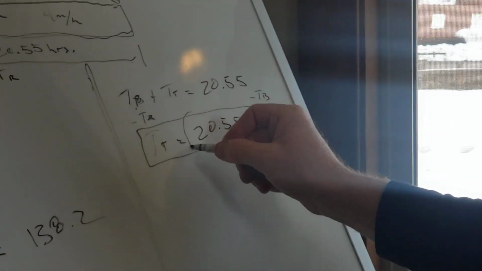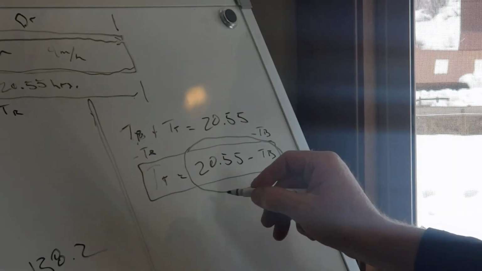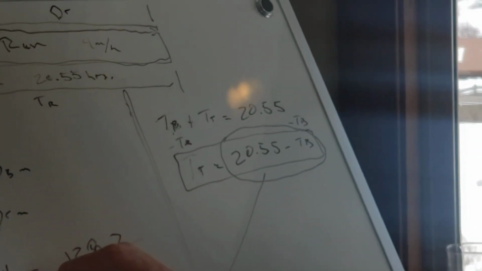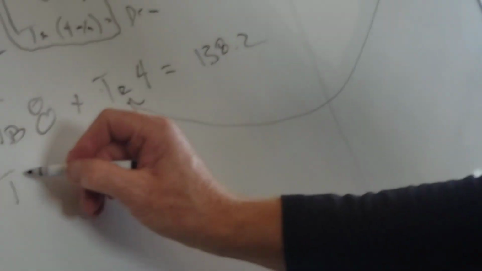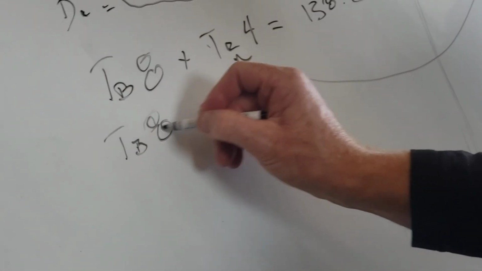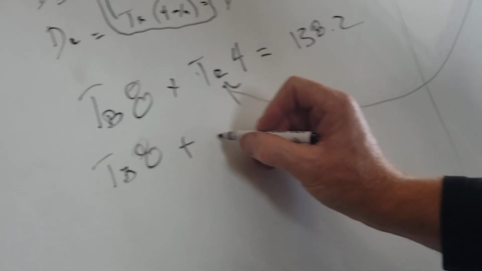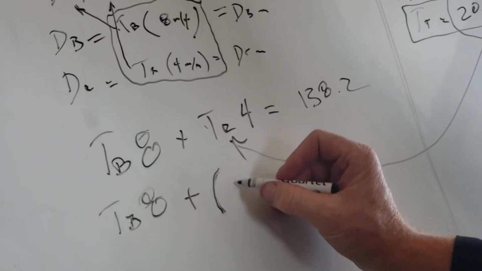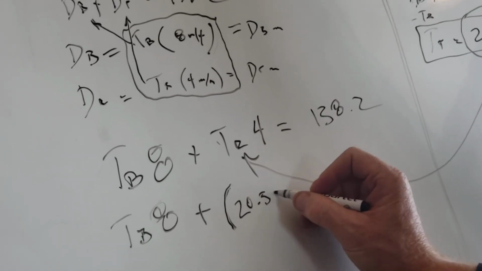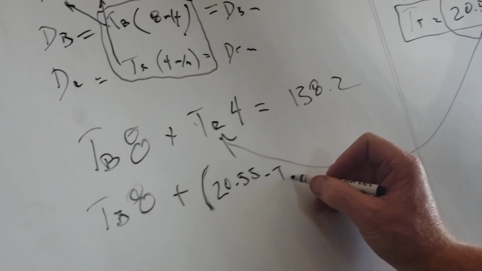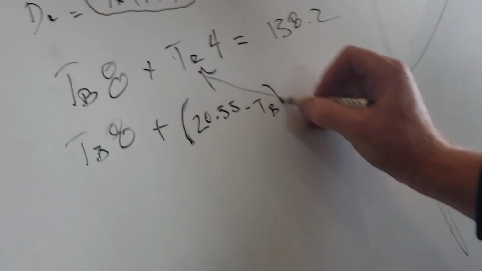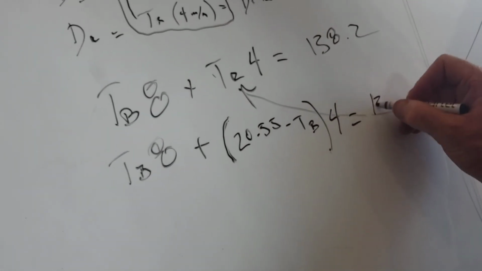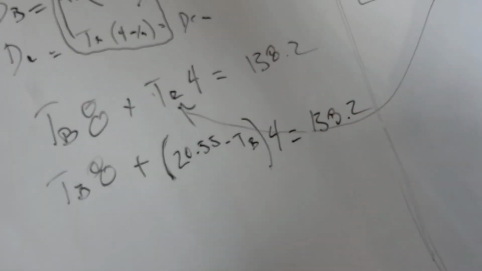So if we take this TR and plug it in here, we get time of biker times 8 plus, in parentheses, 20.55 minus time of biker, which is the same variable, that's what we wanted, multiplied by 4, equals 138.2.